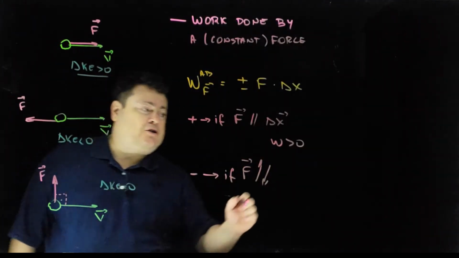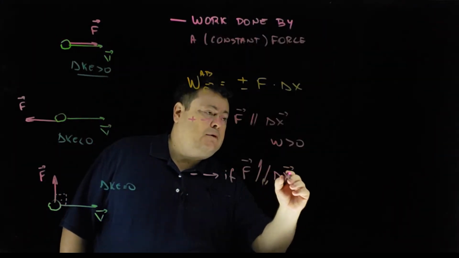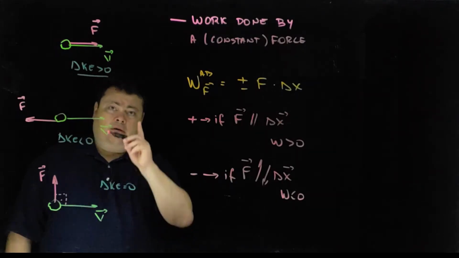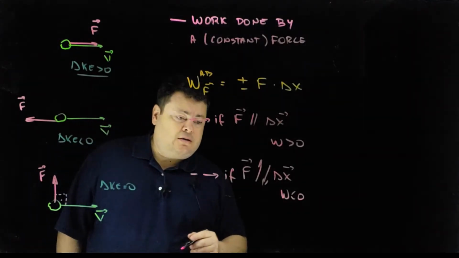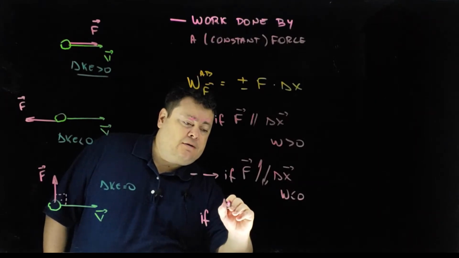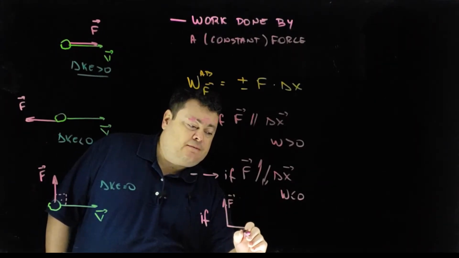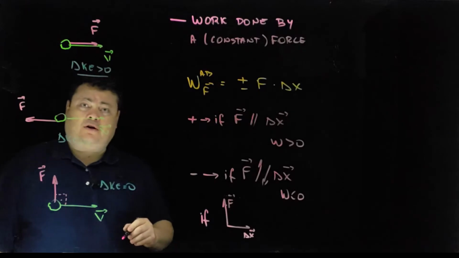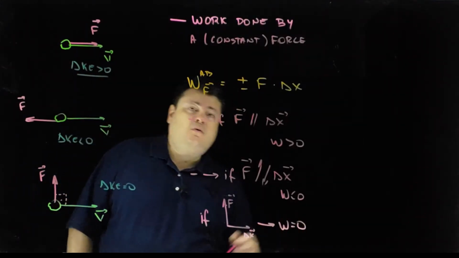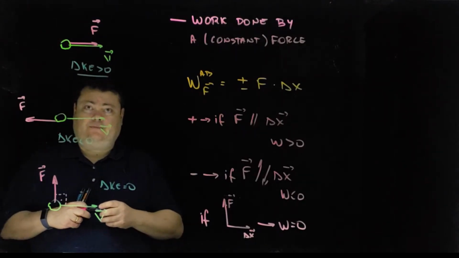They are in opposite directions. And then that will give me work being negative. Be very careful, because if force and displacement are perpendicular to each other, then we would have no contribution, work would just be 0.